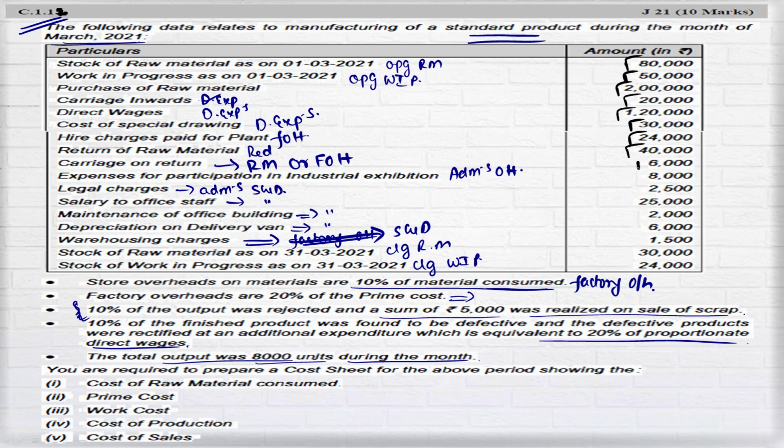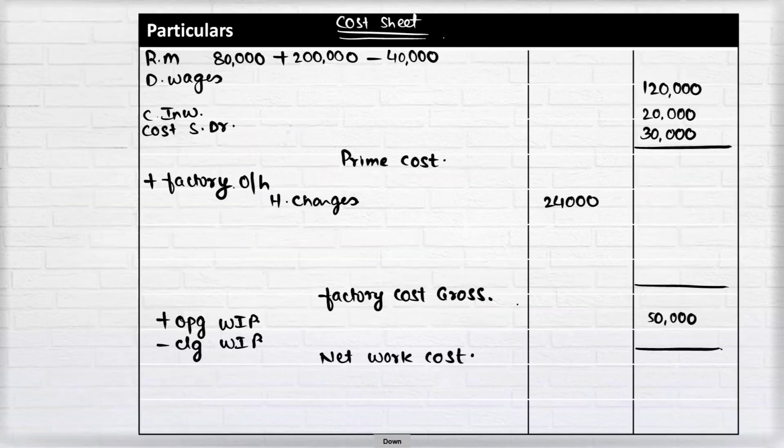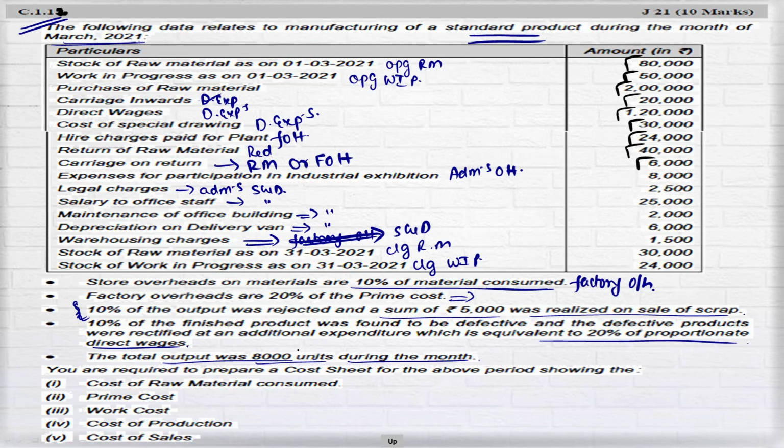Carriage on return is 6,000, or a transportation cost. Expenses for participation in industrial exhibition. Right.